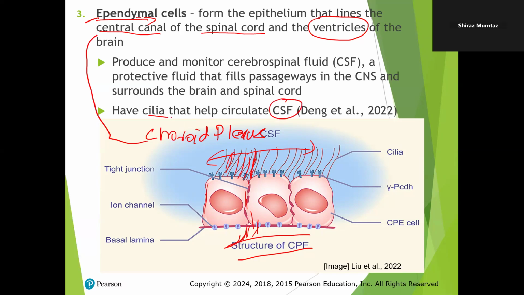The ependymal cells help in transportation, not 100% blood, that takes nutrition into the cerebrospinal fluid.